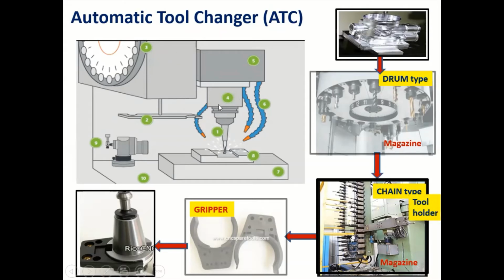We'll go into more detail on this. This is a tool holder I have shown, and we have to remove this tool holder if we want to change the tool or go for a new operation. For that, again, we have shown the tool magazine on the machine. From that we can take the different tools and replace them in the spindle.